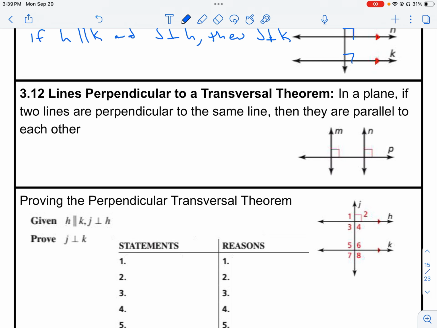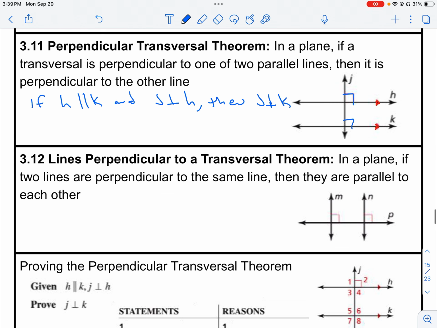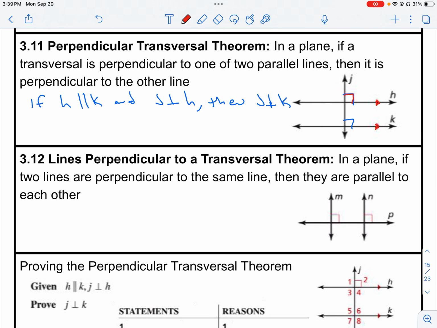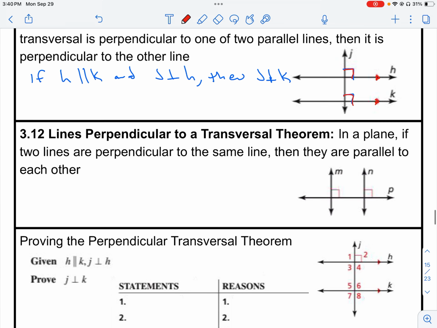All right, so if this is true, and let me go back to red for my little box here and here, which has to be true.